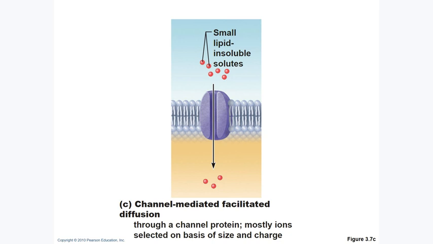So you can see here channel-mediated facilitated diffusion. This is just a straight hole that goes straight through. This is mostly ions, selected based on size and charge. We can see this with water molecules and osmosis, but it's just a walkway straight through.